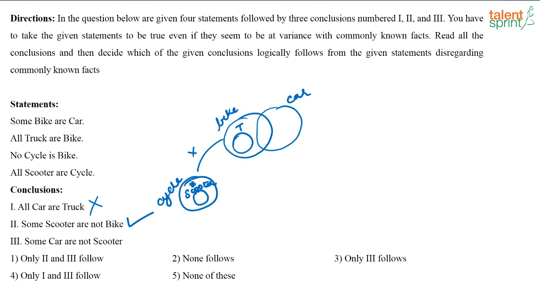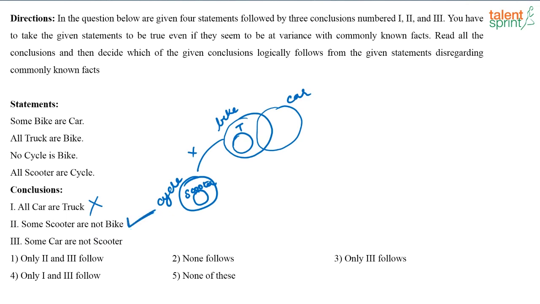We know that no cycle is bike, and scooter is coming inside the set cycle. So when they say some scooters are not bike, yes, definitely, because I know for sure that all the scooters cannot be bikes, right? So definitely some scooters also cannot be bikes. So the second conclusion follows.